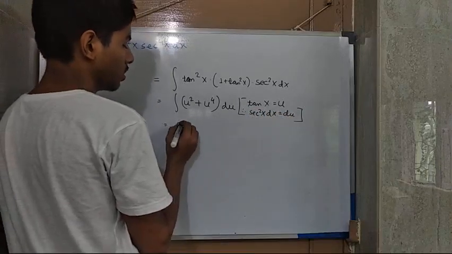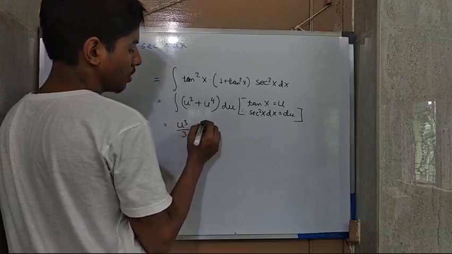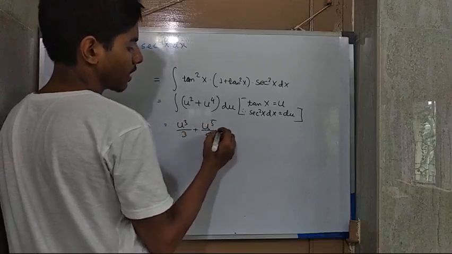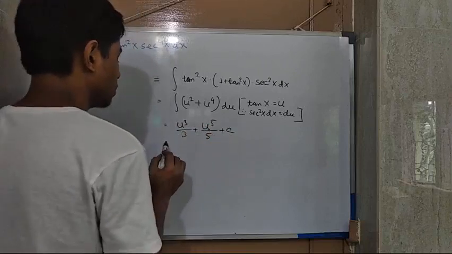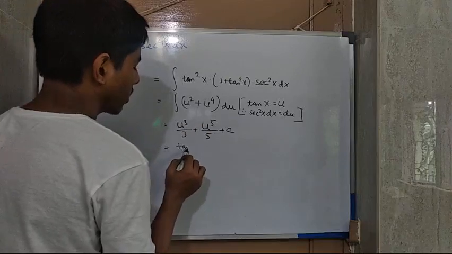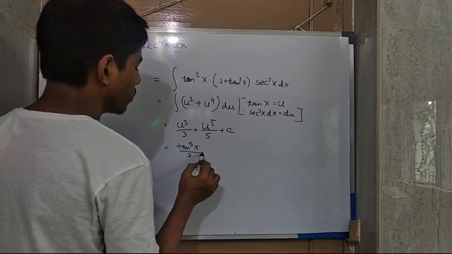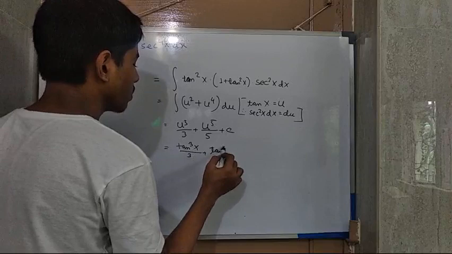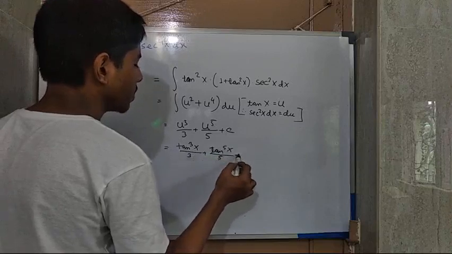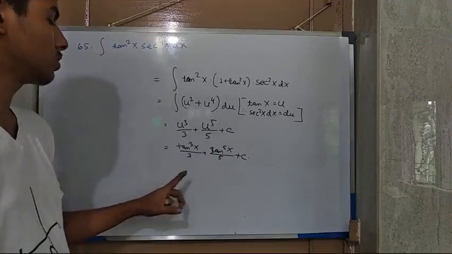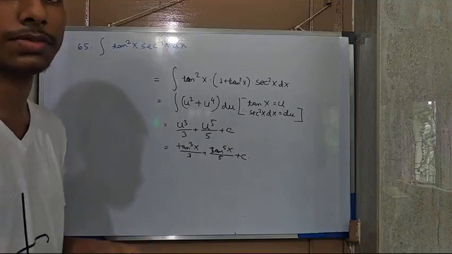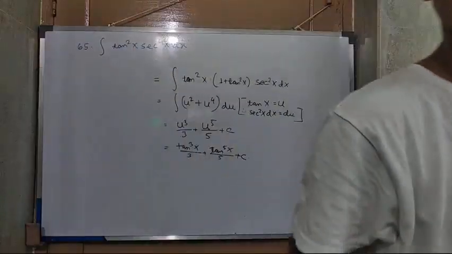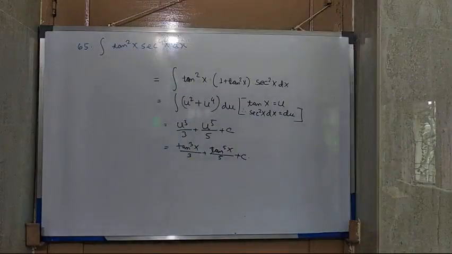So this is actually u cube by 3 plus u to the power 5 by 5 plus c, which is tan cube x by 3 plus tan to the power 5x by 5 plus c. So this is the answer for our 65th question. Now I hope this is clear.